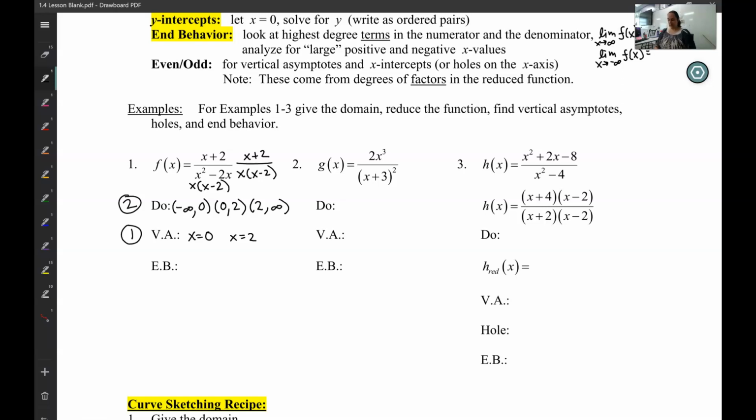Okay, end behavior. I have limit as x goes to infinity of f of x, and limit as x goes to negative infinity of f of x. Now, to find end behavior, this is where I compare my greatest terms.